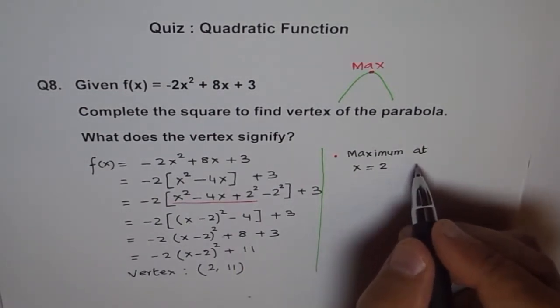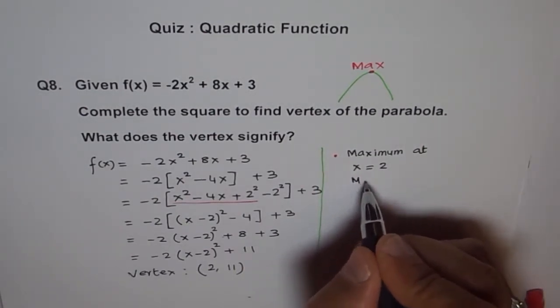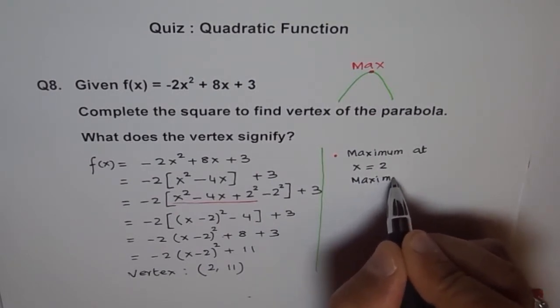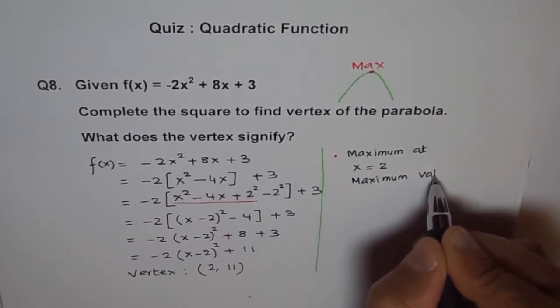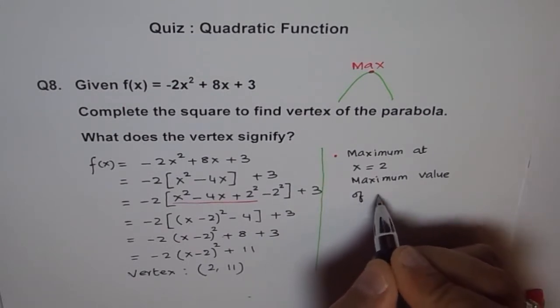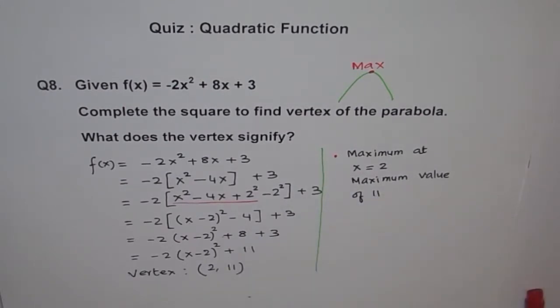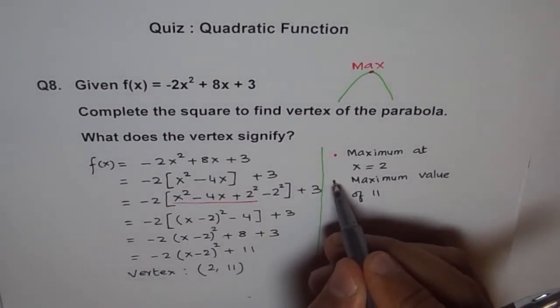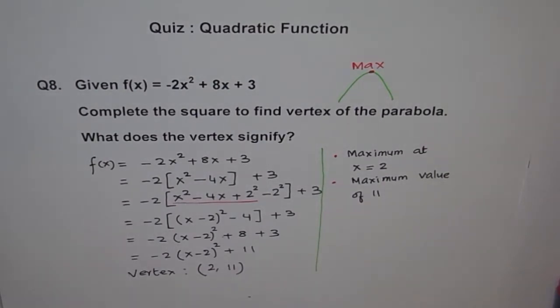And what is the maximum value? The maximum value is 11, okay? So those two things we get from here. First, we know we have a maximum at x equals 2 and the maximum value is 11, okay?